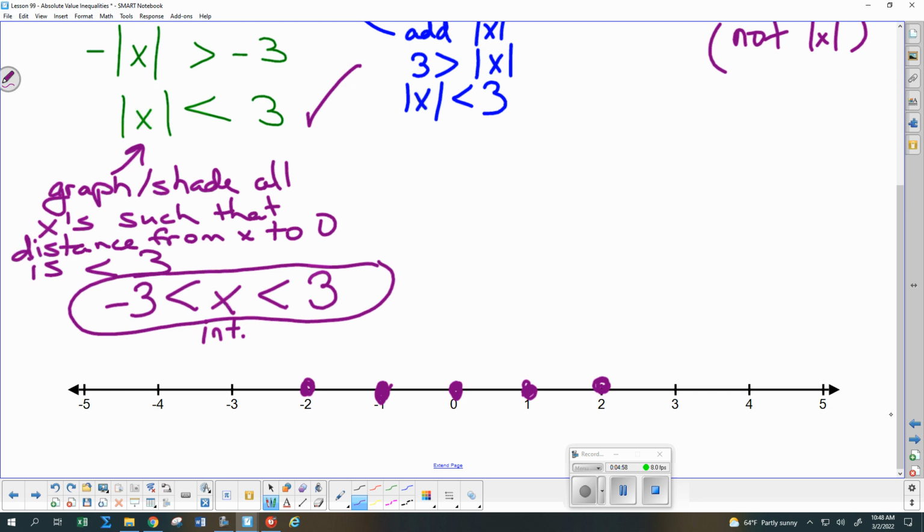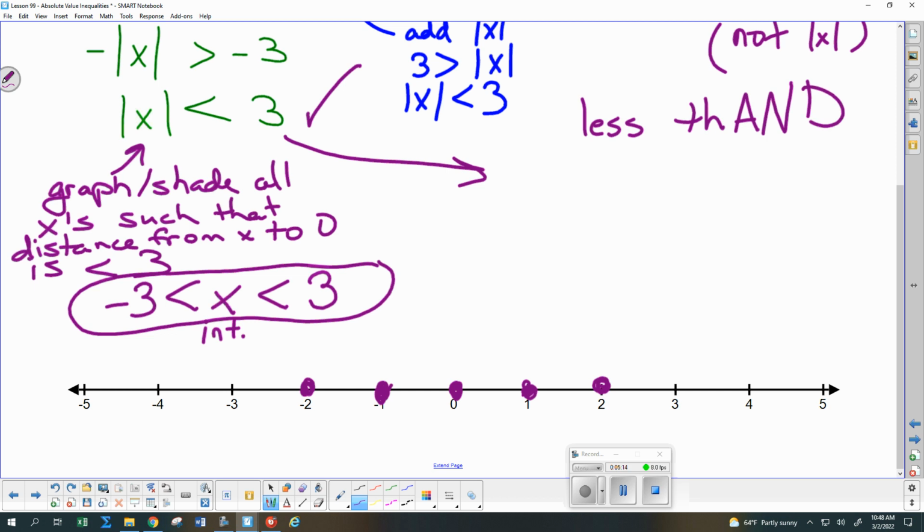Now, there's another way we can think about it once we get to this step in our work. That has a less than symbol, right? And sometimes it's easier to think of that as the less than. And so that means I need an inequality that has and in it.